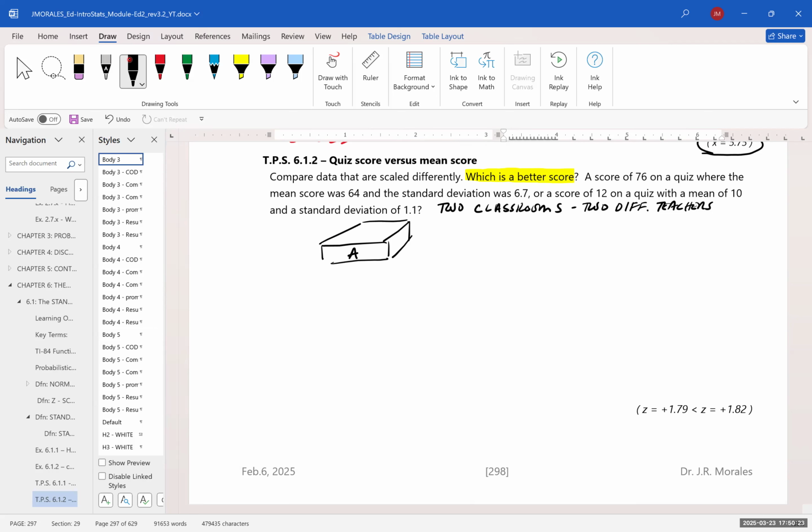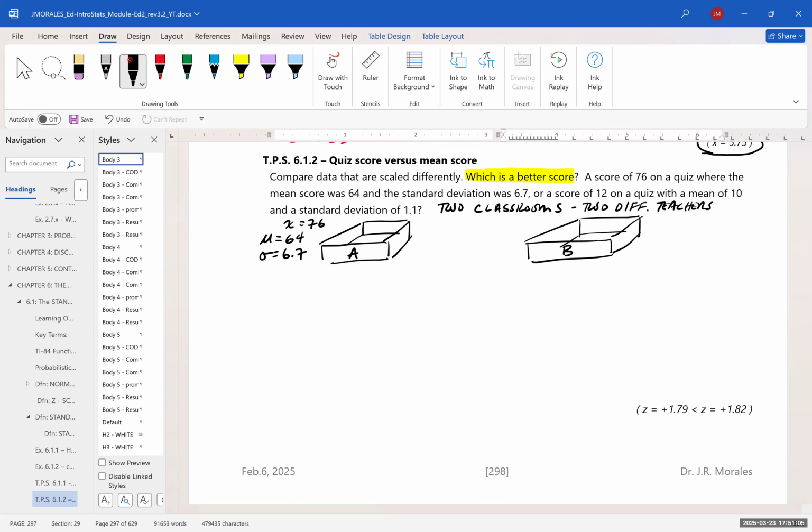We have classroom A, and here we've got classroom B. In classroom A, we have a student who had a score of 76, and the class average was 64 with a standard deviation of 6.7.